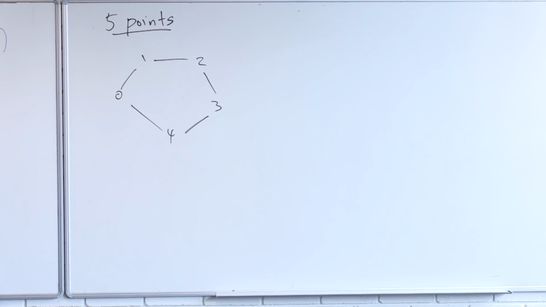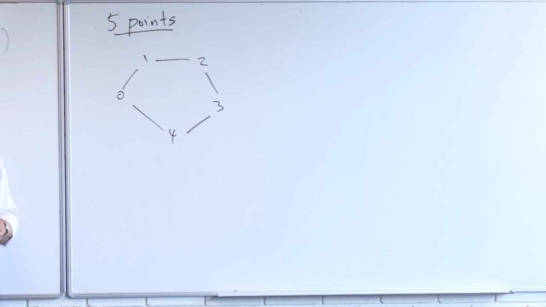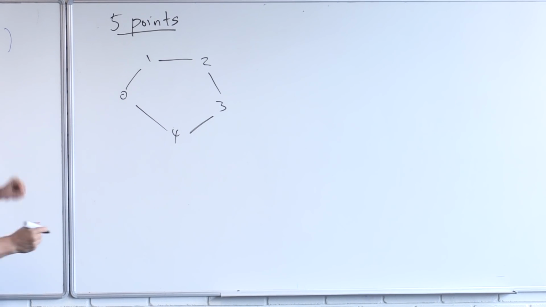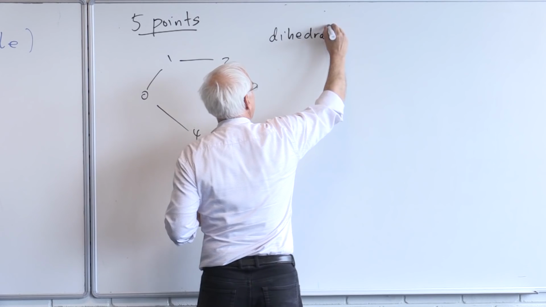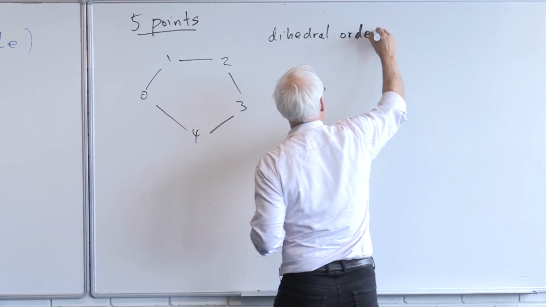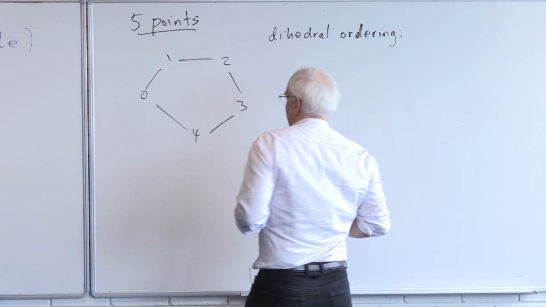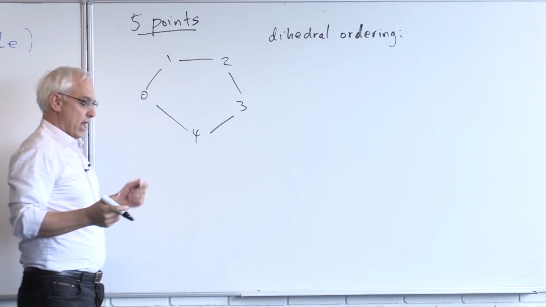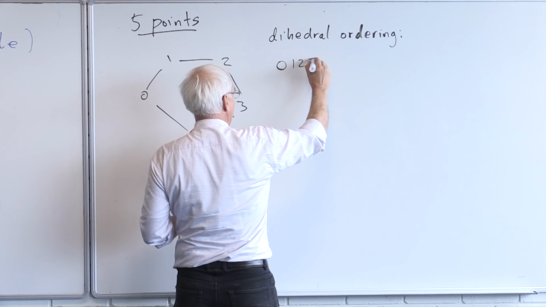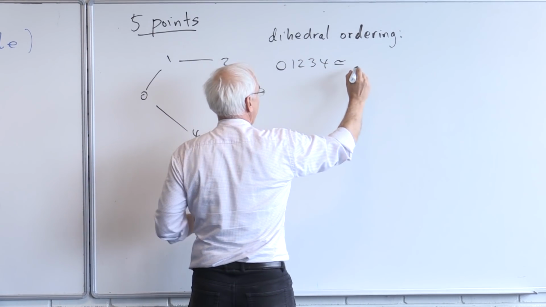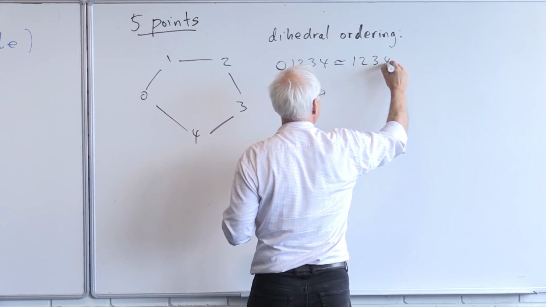It's essentially an ordering of the points, a kind of cyclic ordering. Or in fact, we could actually think of it as being a dihedral ordering. So let's introduce the idea of a dihedral ordering of the 5 points. And they're really just 5 objects. They don't have to be points. And so we'll say that the ordering 0, 1, 2, 3, 4 is the same or equivalent to the cyclic rotation.